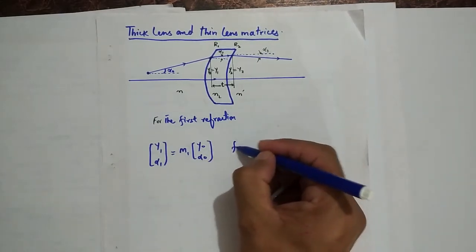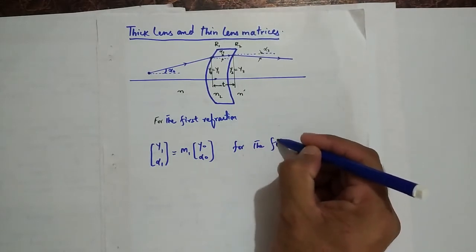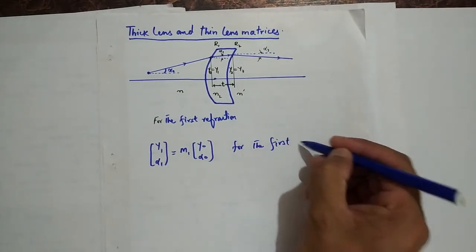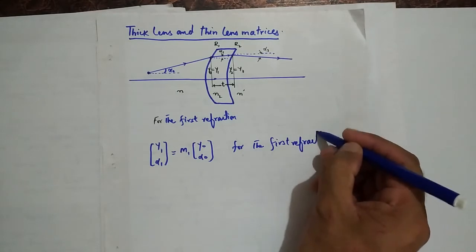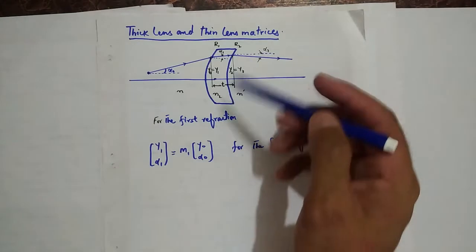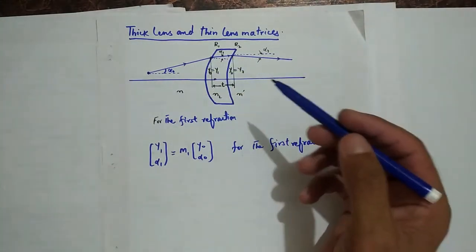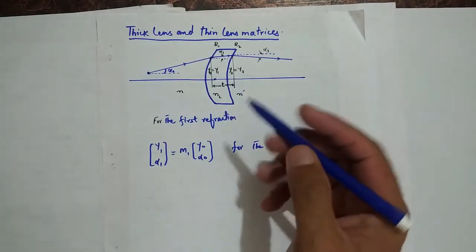This is for the first refraction. Here M1 is the matrix representing the refraction through a spherical interface.